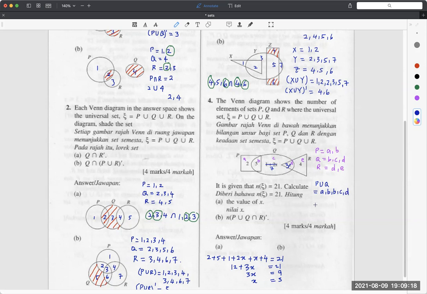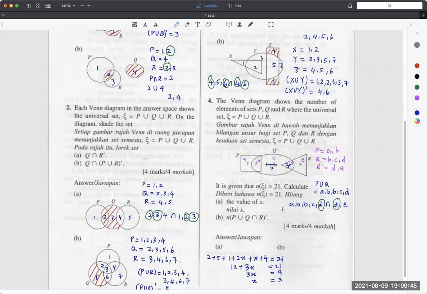Right, and then intersect with R. So this whole thing here, A, B, C, D ni intersect with R. R consists of D and E. So intersect means we just take yang ada in both, right? So only D. Okay, we have only D there.